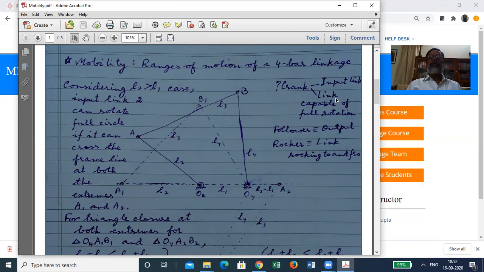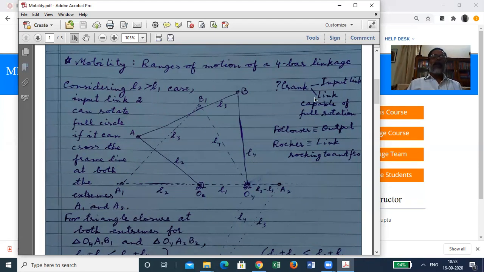And the moment the issue of several cycles comes into picture, it was needed that this input link must have full circle rotatability. And that is how the meaning of the word crank as input link and its meaning as link capable of full rotation got a little mixed up. Okay, so sometimes it is used in this sense, sometimes in that sense. And when both senses meet, that it is an input link, and yes, it is capable of turning full circle, then there is no problem as such.